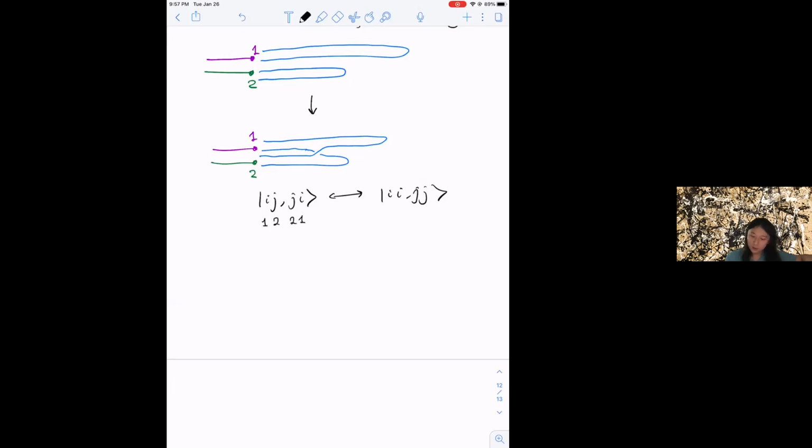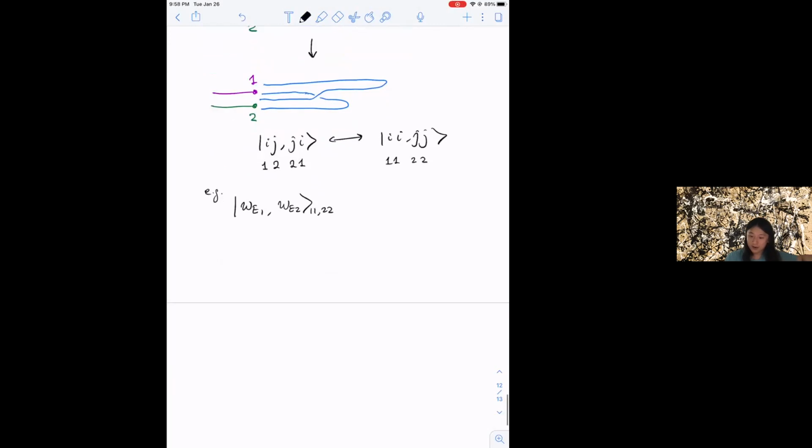So I call this the 1221 type, and this one the 1122 type. So for example, I can consider a long string state with the two long strings, psi E1, psi E2, of the 1122 type. If I write down the wave function explicitly, it is the sum over ij, psi E1 of lambda i, psi E2 of lambda j, the ground state singlet sector wave function, psi naught of lambda 1 to lambda n, and ii, jj.